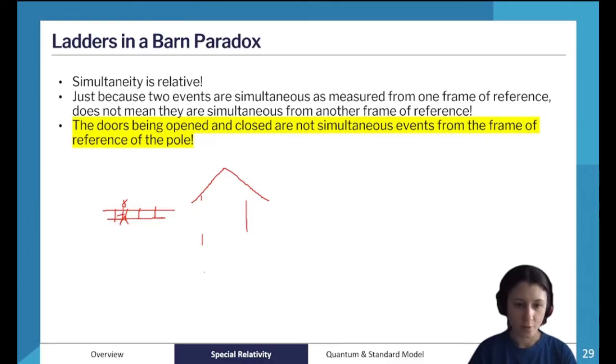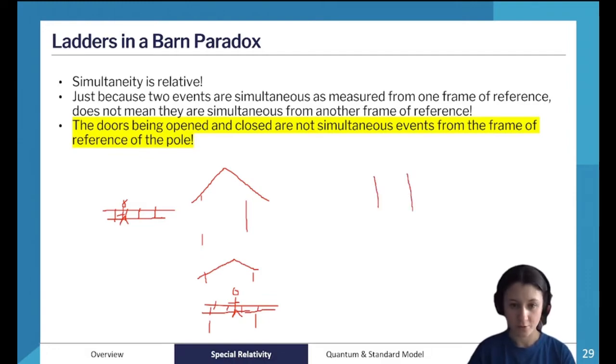Then there's a point where both doors are open and she's in the middle. And then there's another point where she's run through most of it. And the back door is open. And that's when she is just running through this last bit here.